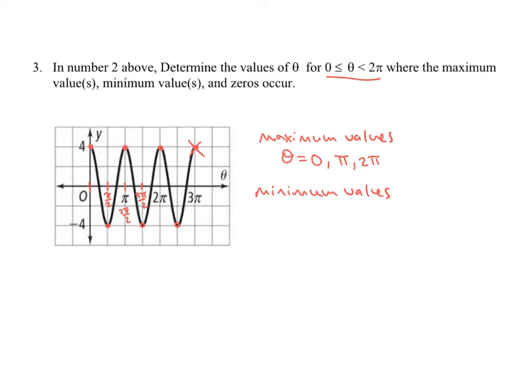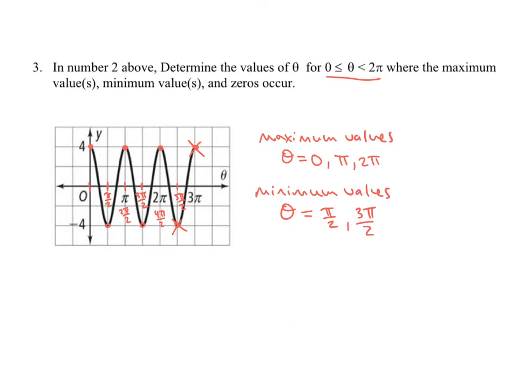My next one would be 4 pi over 2, and then I would have 5 pi over 2. So my minimum points are going to occur at pi over 2, 3 pi over 2, 5 pi over 2, and I could keep going, 7 pi over 2, 9 pi over 2, and so on. But again, we're only going to consider the ones between 0 and 2 pi, so I don't need that last one. And it's only going to be at pi over 2 and 3 pi over 2.